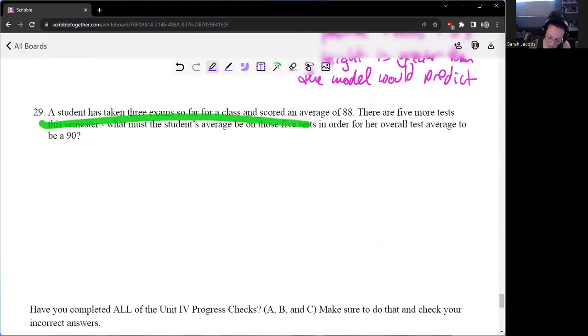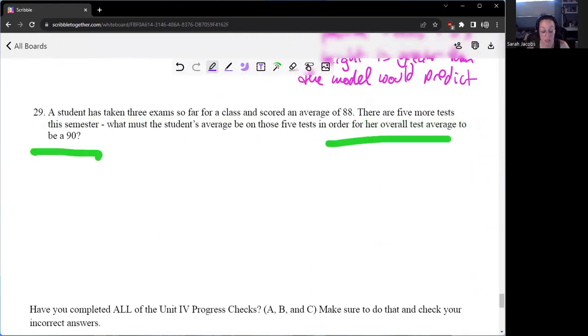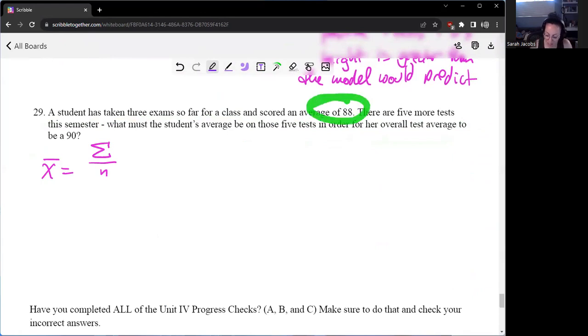Last but not least, a student has taken 3 exams so far for a class and scored an average of 88. There are 5 more tests this semester. What must the student's average be on those 5 tests in order for her overall test average to be a 90? So anytime you're thinking about averages, remember the average is the sum over the number of numbers. So the first 3 tests had an average of 88.